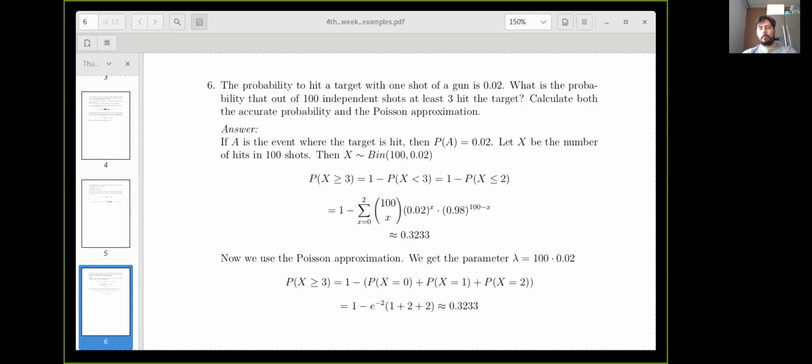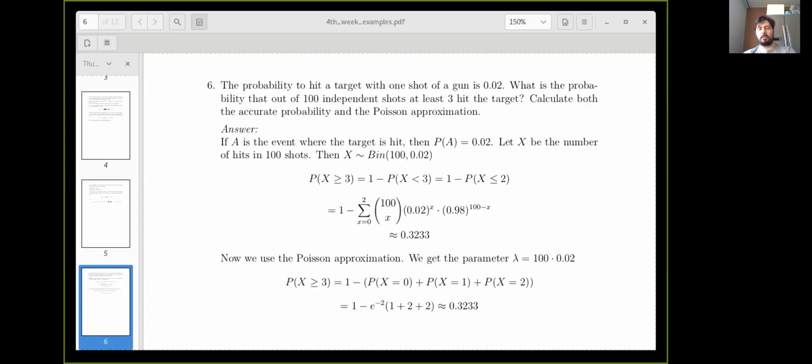So the cases where x is smaller than 3 are in fact those where x is smaller than or equal to 2. So I didn't bother to write this in more detail. So I have to calculate 1 minus, and then there's the probability that x equals 0. That would be just 0.98 to the power of 100.